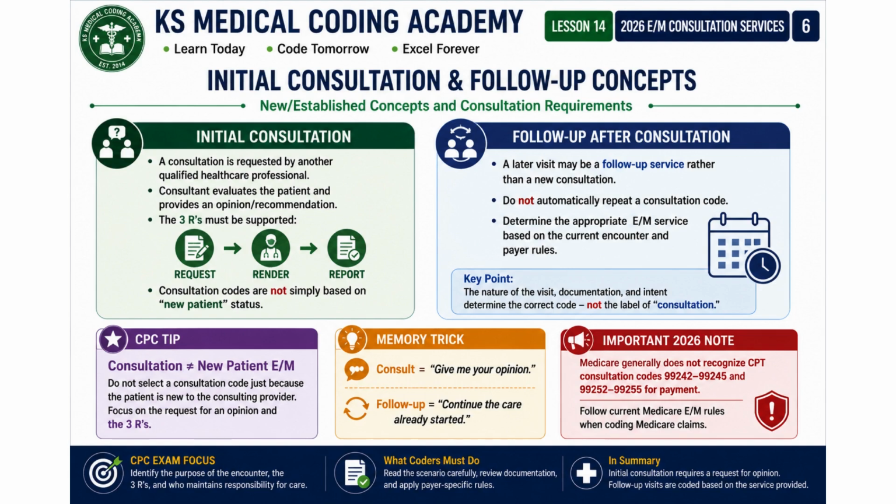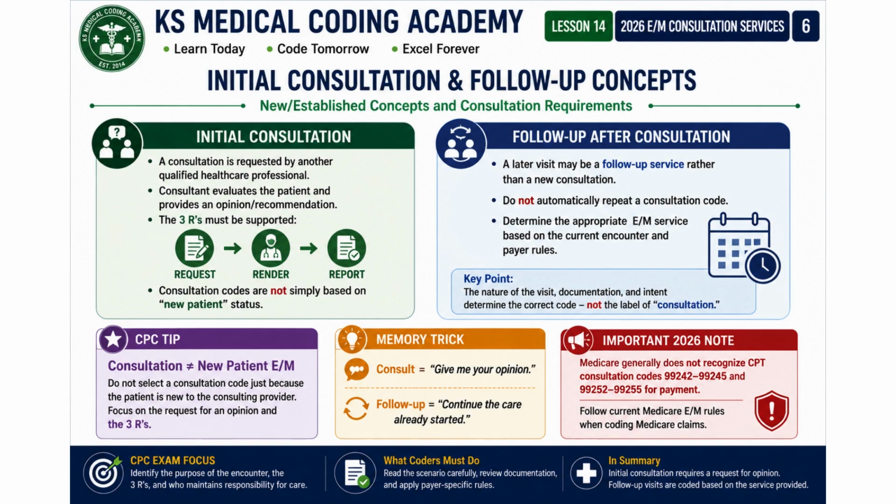Now let's understand the difference between an initial consultation and a follow-up after a consultation. An initial consultation occurs when another qualified healthcare professional requests the consultant's opinion or recommendation about a specific patient problem. The consulting provider evaluates the patient, forms an opinion, and communicates that opinion back to the requesting provider. Remember the 3 R's, request, render, and report.